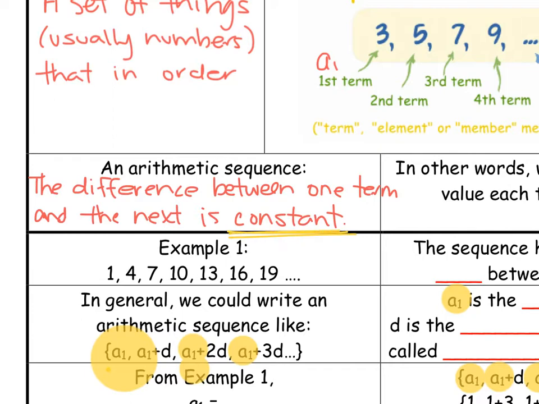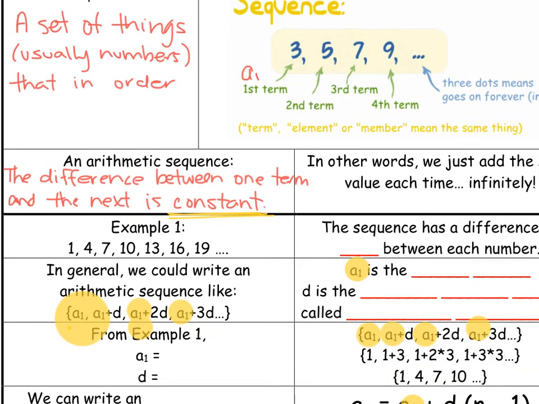It's either increasing or decreasing by a constant number. So in the case of our sequence up here, it was increasing by a constant of 2. If it has a constant rate of change, then it's going to be linear. In other words, we just add the same value each time, infinitely.